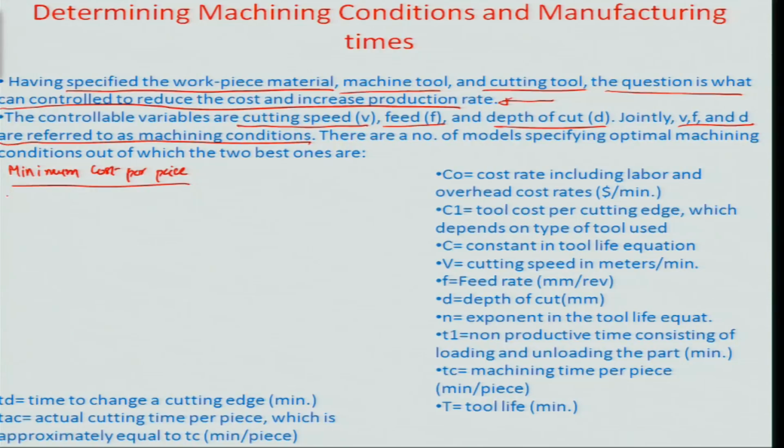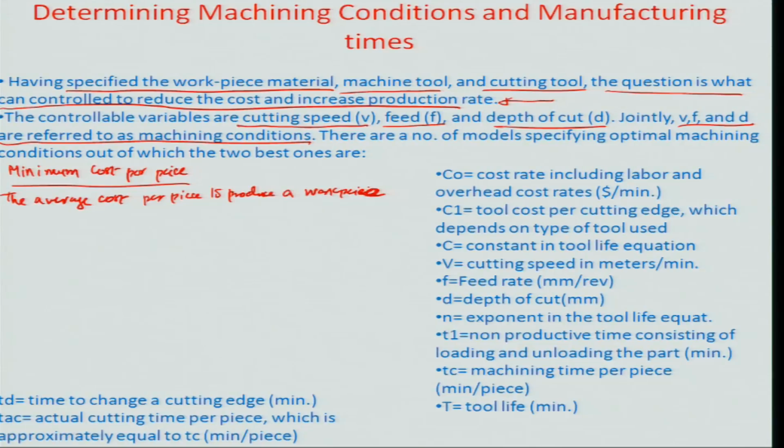So the average cost per piece to produce a workpiece can be a combination of several costs coming from different aspects in a particular machining situation.